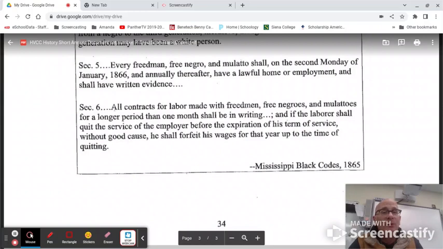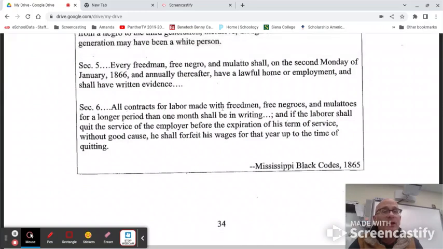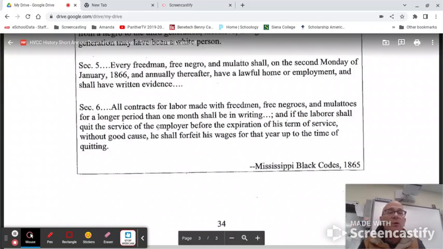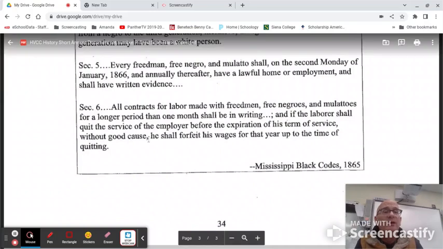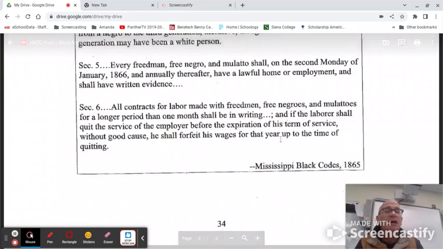One more time on that one. All contracts for labor made with freedmen, free Negroes, and mulattoes for a longer period than 1 month shall be in writing. And if the laborer shall quit the service of the employer before the expiration of his term of service without good cause, he shall forfeit his wages for that year up to the time of quitting.